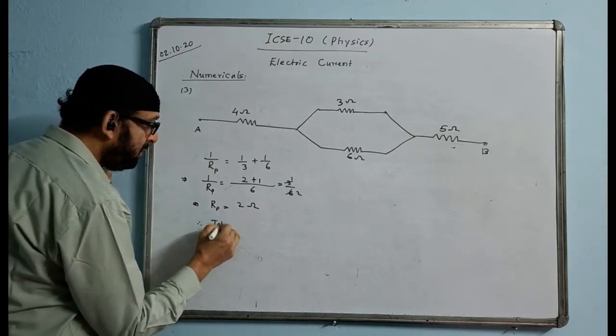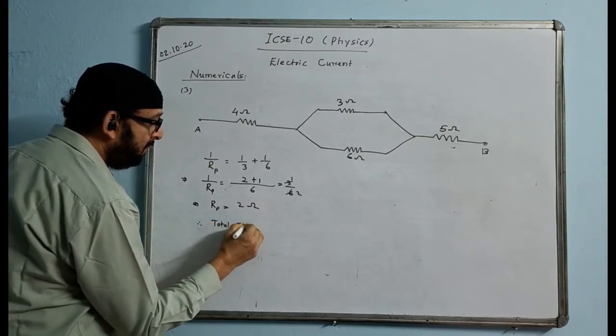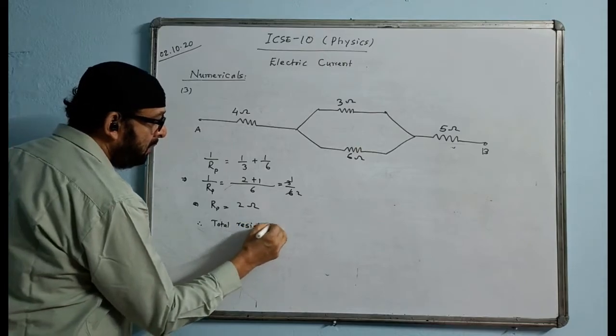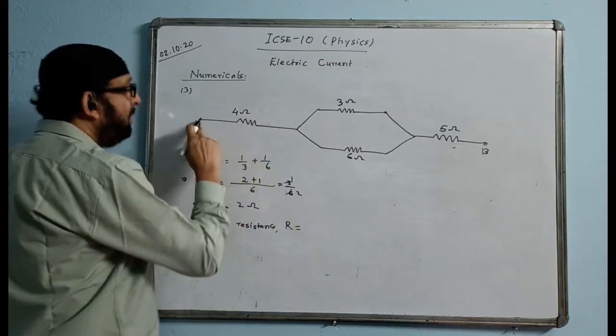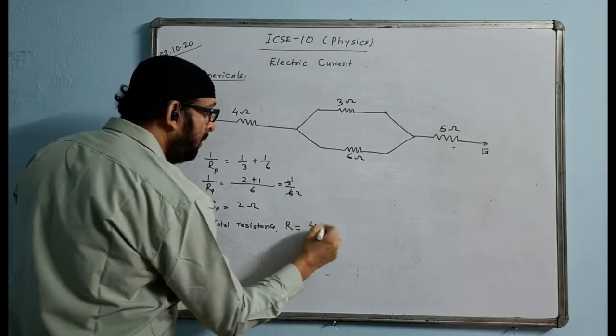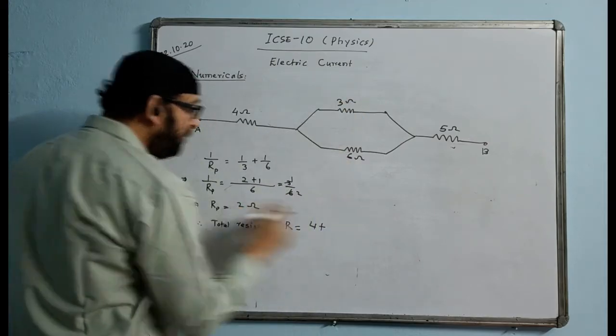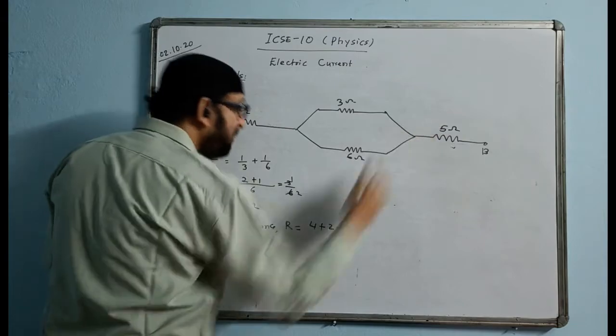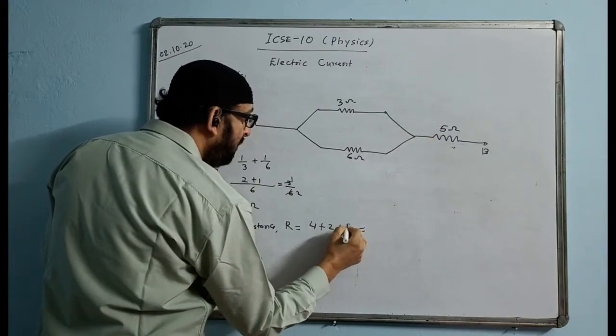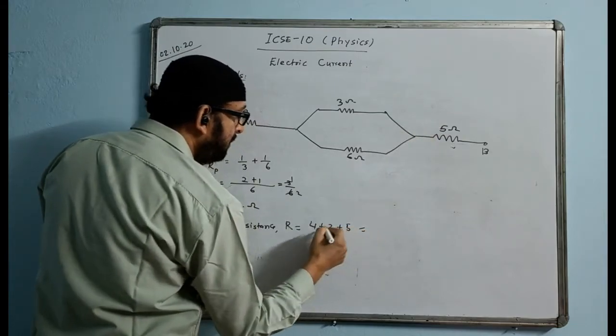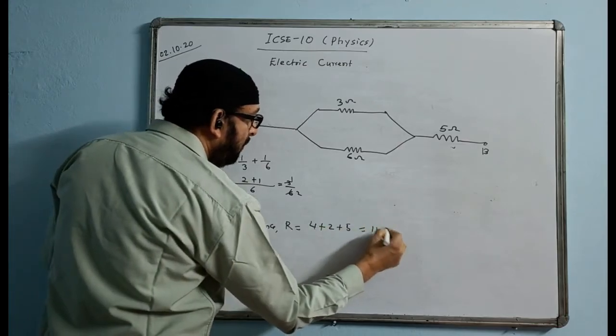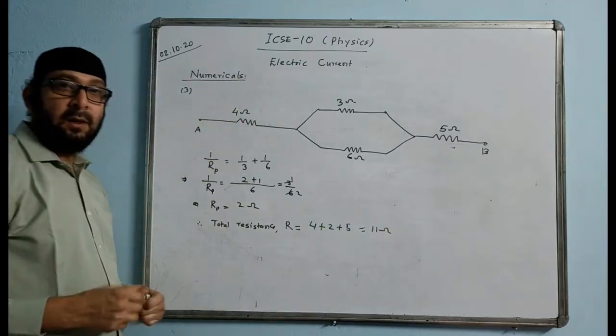Therefore, total resistance or equivalent resistance R is equal to simple addition: 4, these two together value we found 2, and this is 5. We'll add all and get the answer. 11 ohm is the answer.